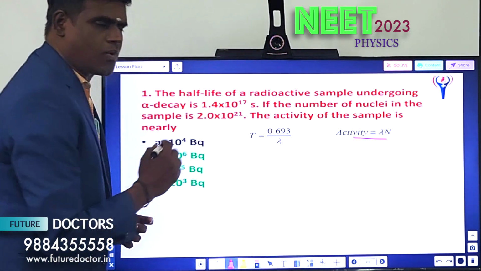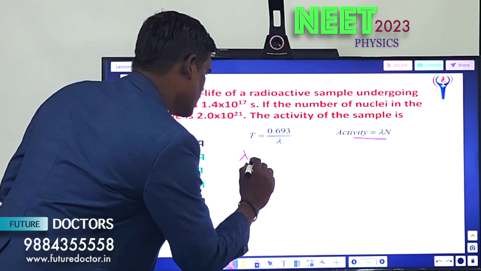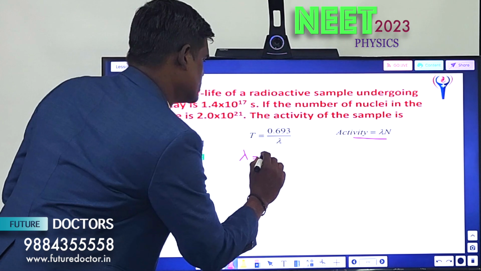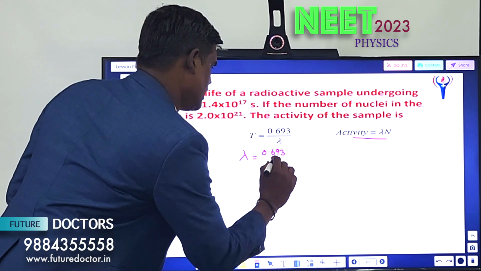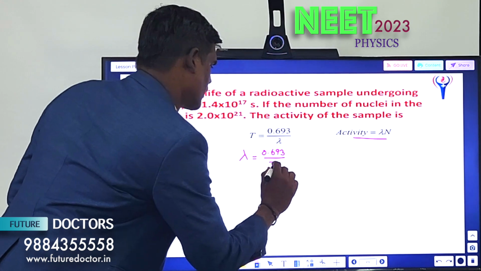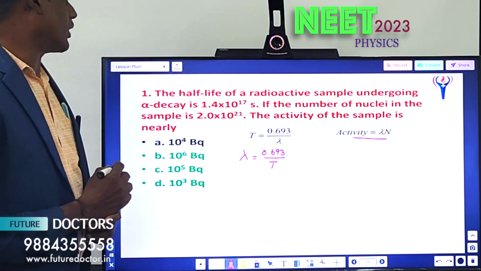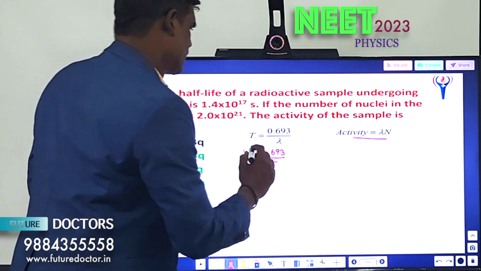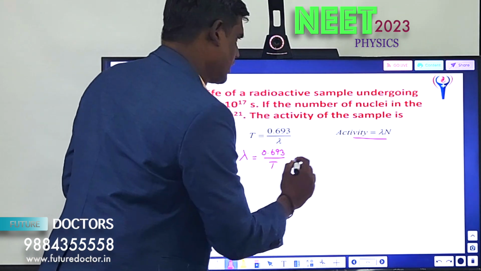Then lambda equal to 0.693 by T. What is T? T is half-life, a given value 1.4 into 10 power 17.